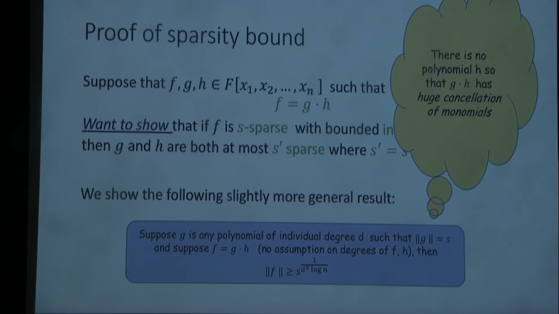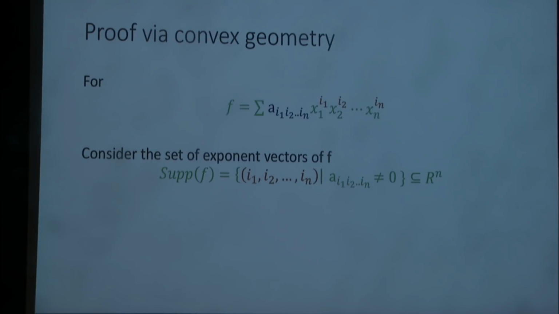Okay, so that's the plan, and the proof will be via convex geometry. This is what the setup is. Just to set up some notation, if your polynomial is presented to you as a list of monomials, we'll say the support of the polynomial is the set of monomials which appear with non-zero coefficient, and we look at their exponent vectors.